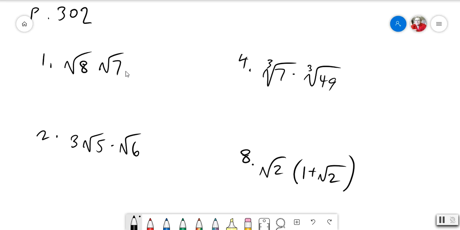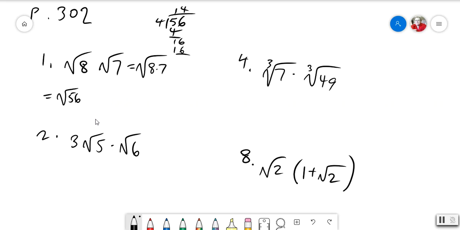Well, there's a couple of different ways you could do this. You could say 8 times 7 is 56. And then you would say what perfect square goes into that? The answer is 4.